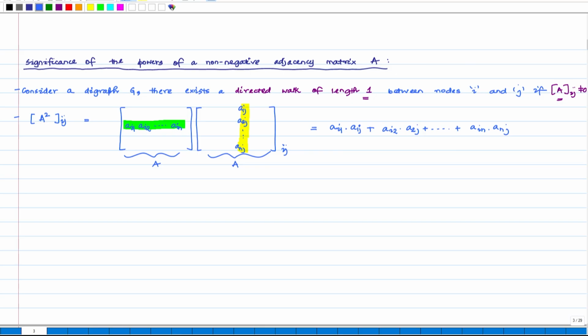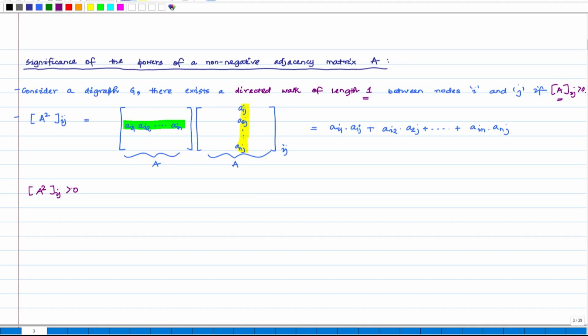So, let us now start assuming some properties about A square. Let me now say that the ijth entry of A square is greater than 0. Notice that we are talking about non-negative matrices. So, whenever we say that Aij is not equal to 0, it is actually strictly greater than 0 as well. Now, let me make the same claim here: A square ij is greater than 0.